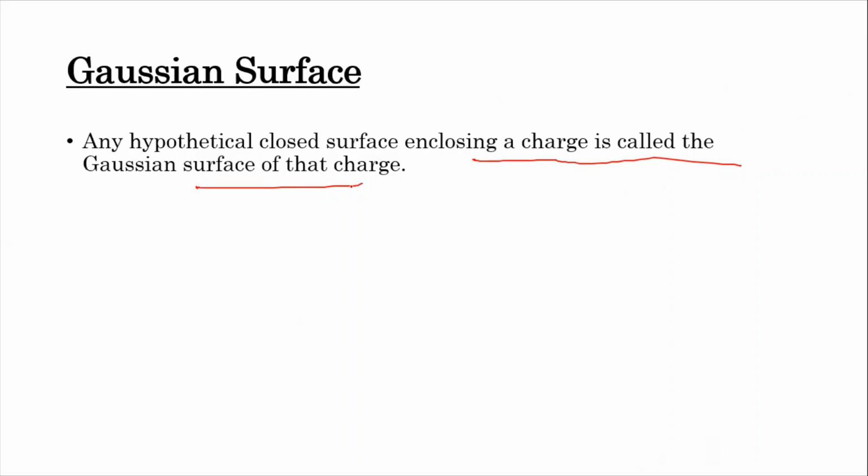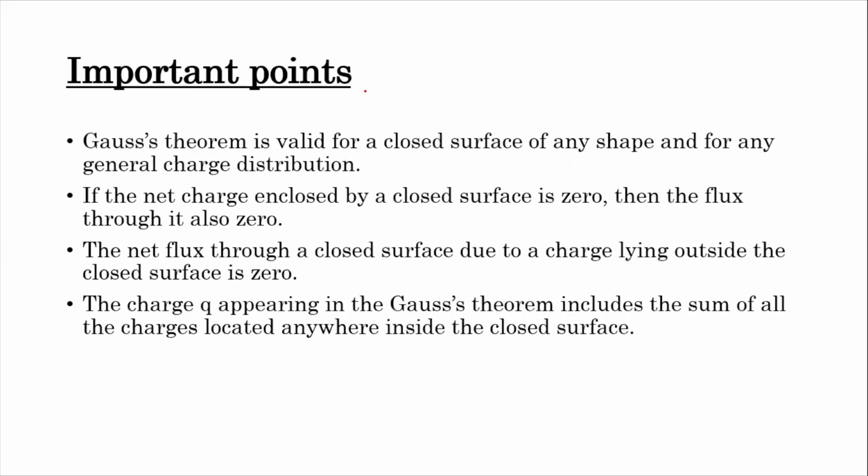Depending upon the nature of the charge and where it is positioned, you can take a spherical surface, a cylindrical surface, or a cuboidal surface according to your convenience. Does the surface actually exist? No, it is an imaginary surface.